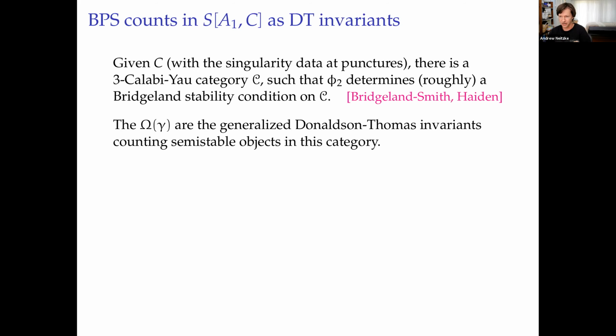If you don't know what these things are, as I don't know exactly what they are, but I know the correct statements, don't worry, it won't be used in the rest of the talk, but I thought it's a nice connection to this generalized DT theory. So in this case, the integers omega of gamma are in fact the generalized Donaldson-Thomas invariants counting semi-stable objects in this category relative to your given stability condition.